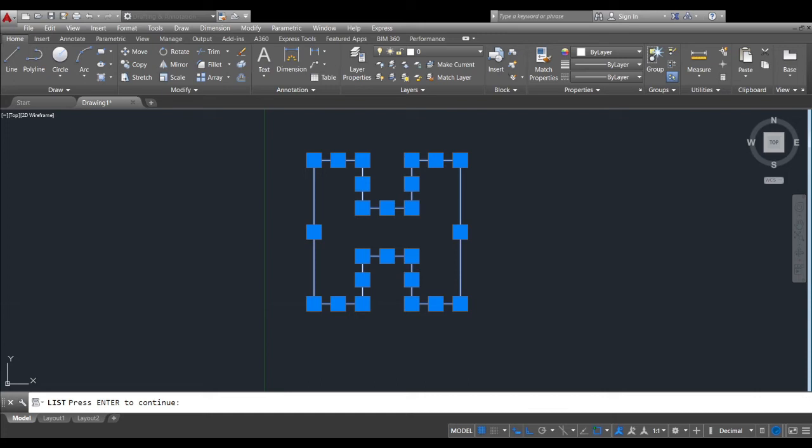So for the summary, the absolute coordinate technique is drawing a figure at its absolute coordinate x and y. So meaning absolute coordinate, our reference point is the 0, 0 or the origin.